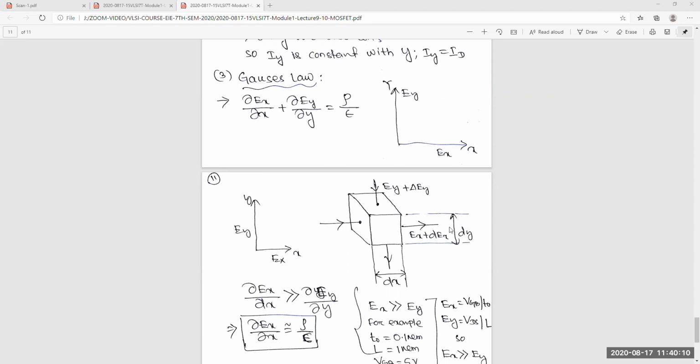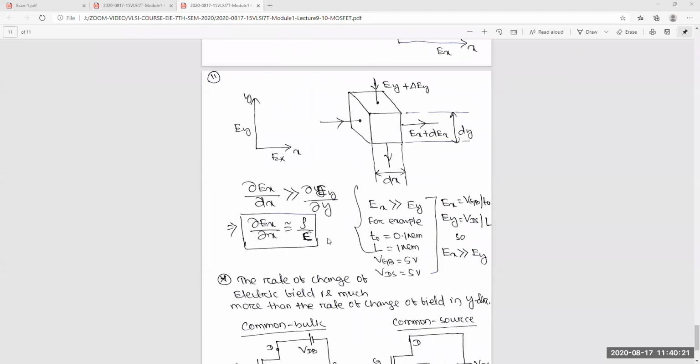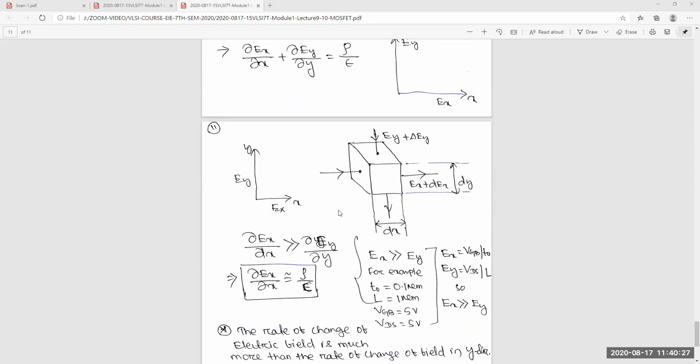This electric field is Ex plus dEx, and this is Ey plus delta Ey. But the electric field in the y direction is very small, because its length is very high compared to the oxide thickness.